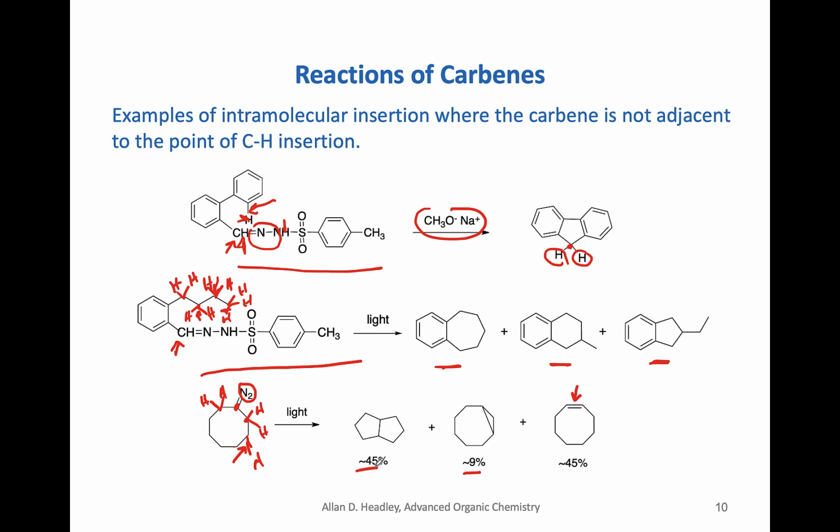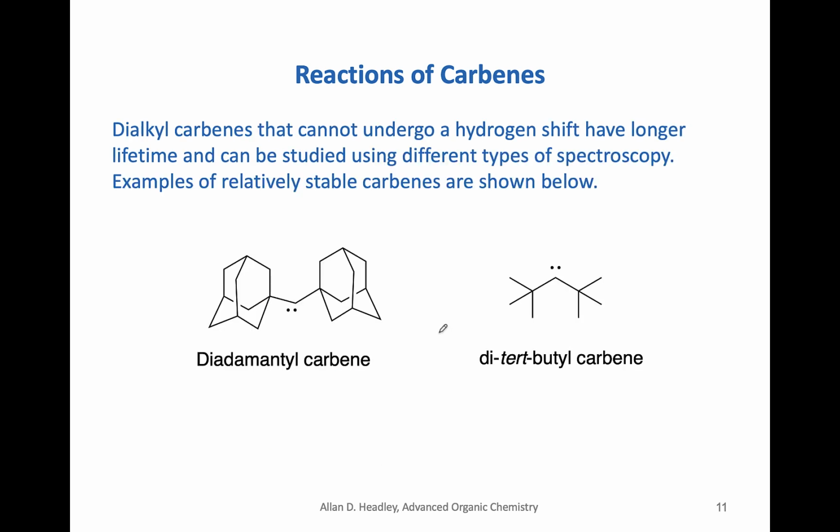Of course, you can expect a mechanism question of this type. Let's look at dialkyl carbenes that cannot undergo hydrogen shift, or should we say do not undergo hydrogen shift. Here's a carbene.